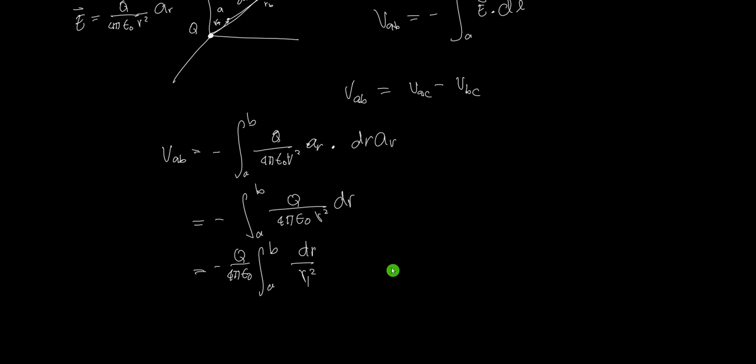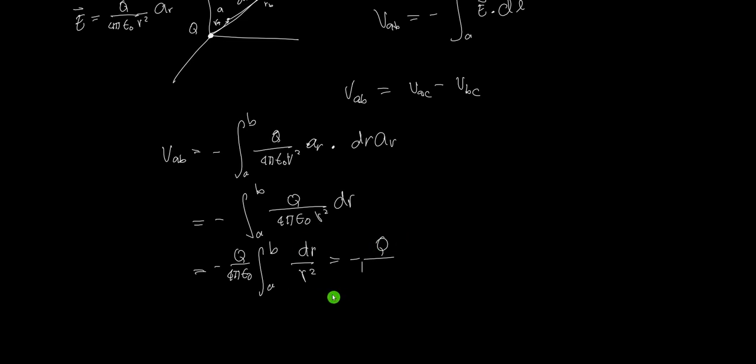And what's the integral of dR over R squared? With R squared in the denominator, it's R to the negative 2. Then if you add 1, negative 2 plus 1 is negative 1.